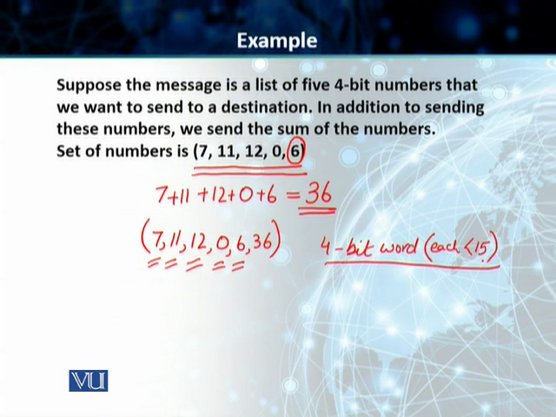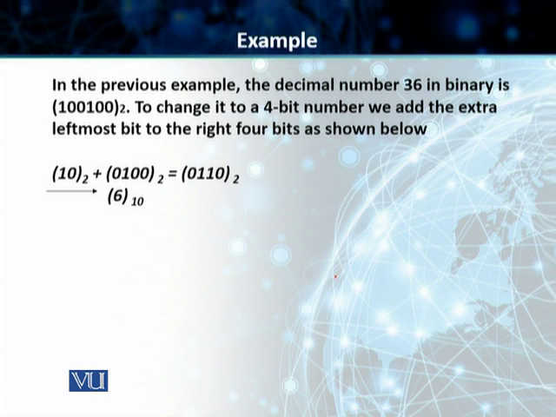Students, in this case, your checksum, which is 36, cannot be written as a 4-bit word. So, students, let's go to the next slide and try to find out what the solution is for that.